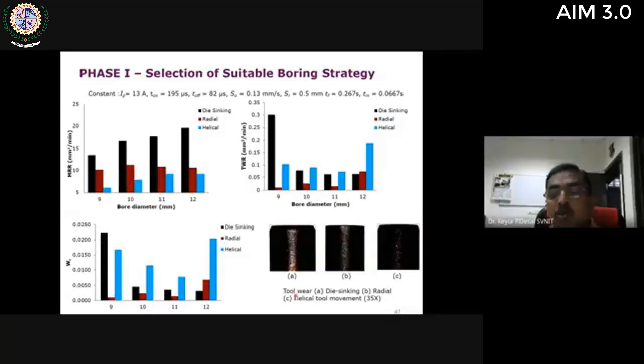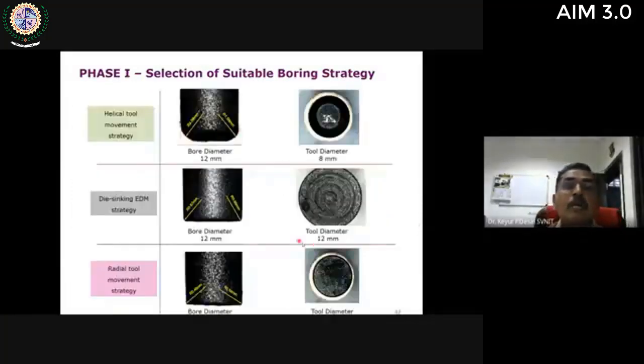And if you compare the tool wear using die sinking, see this is the wear, this is the roughness. In radial, the tool is uniformly worn out. In case of helical, the tool has very sharp corners and has worn out. The bottom surface has also undergone de-shaping.